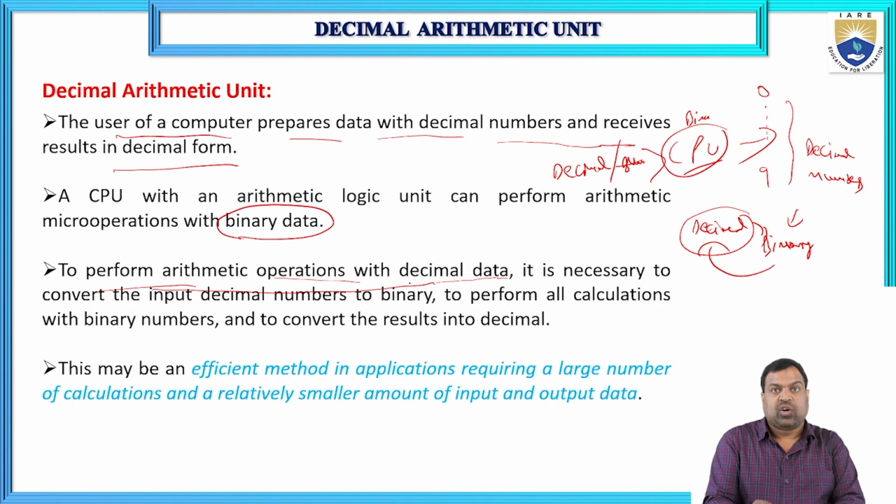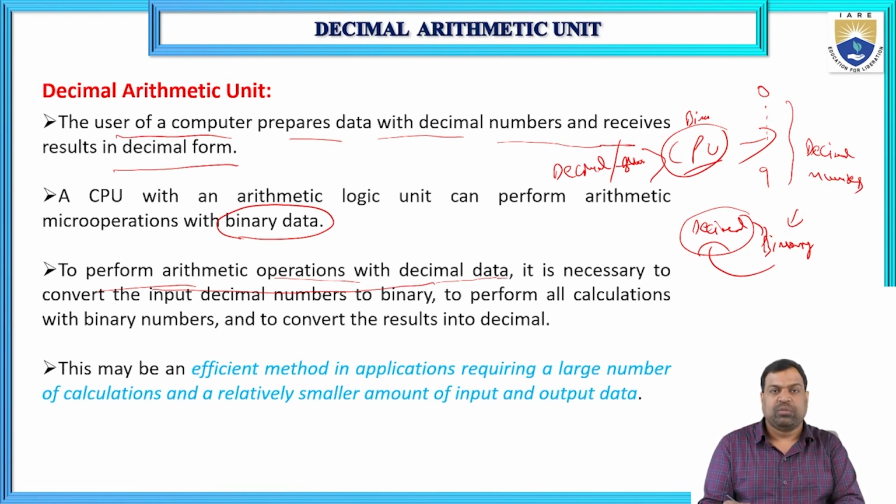So, to perform arithmetic operations with decimal data, it is necessary to convert the input decimal numbers to binary, to perform all calculations with binary numbers, and to convert the results into decimal. This may be an efficient method in applications requiring a large number of calculations and a relatively smaller amount of input and output data. Input is decimal and output is also decimal.